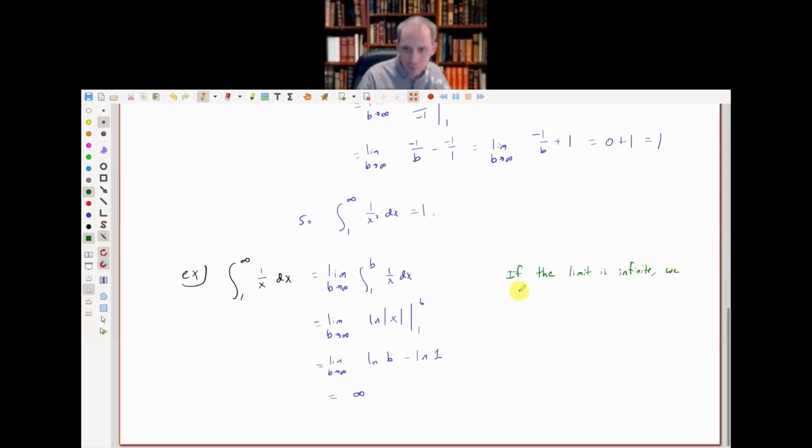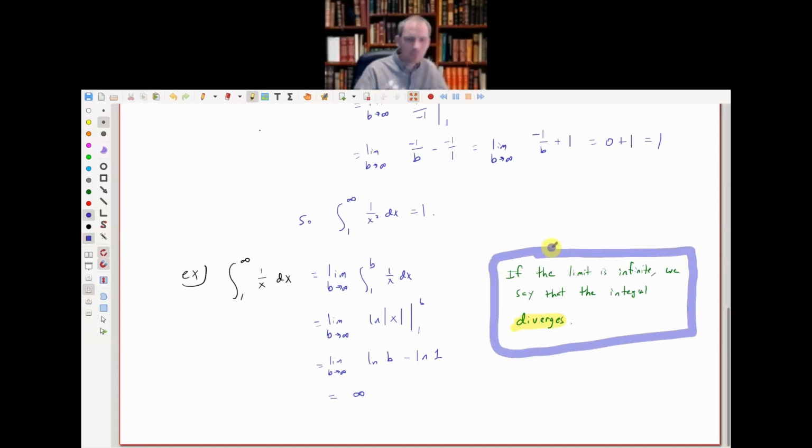So if the limit is infinite, we say that the integral diverges. Highlight the diverges here. Okay, so for this example, we would say it diverges.